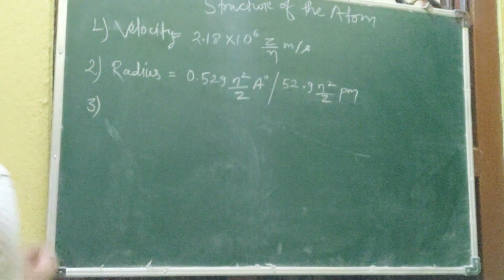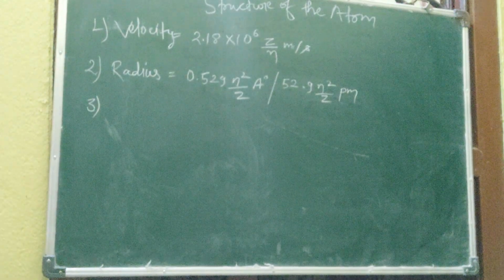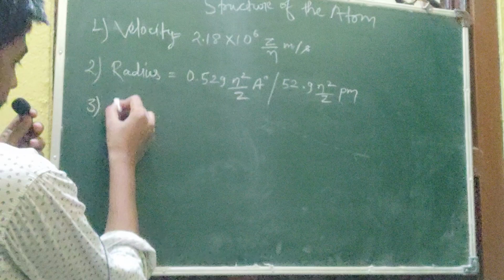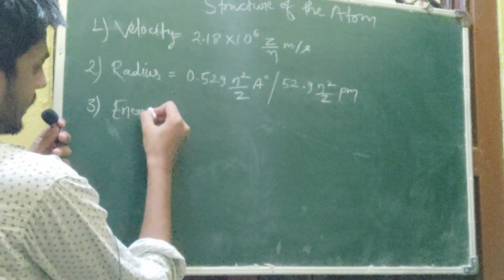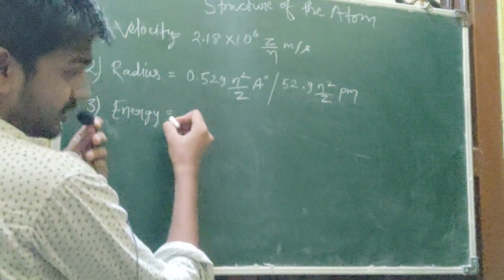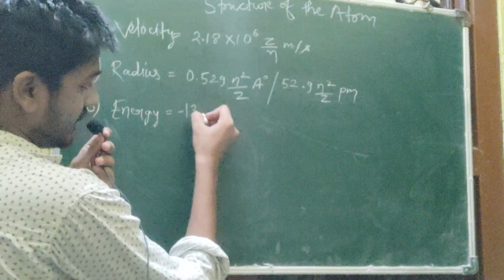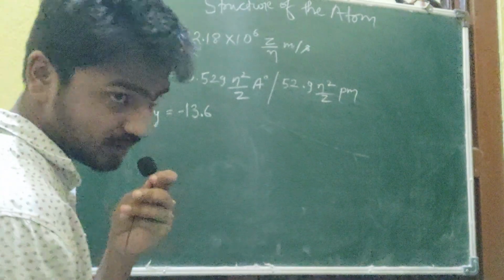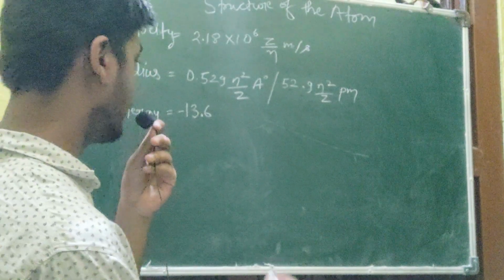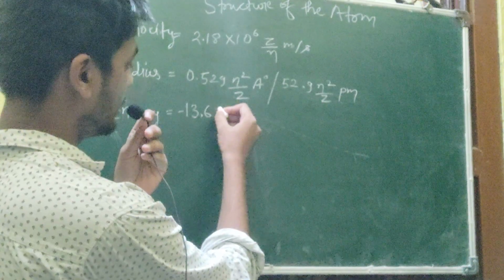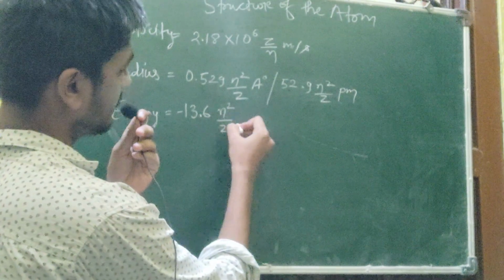The third one is total energy. Total energy is always negative since the atom is a bound system. So the total energy comes with a negative sign: minus 13.6 n square by Z square.